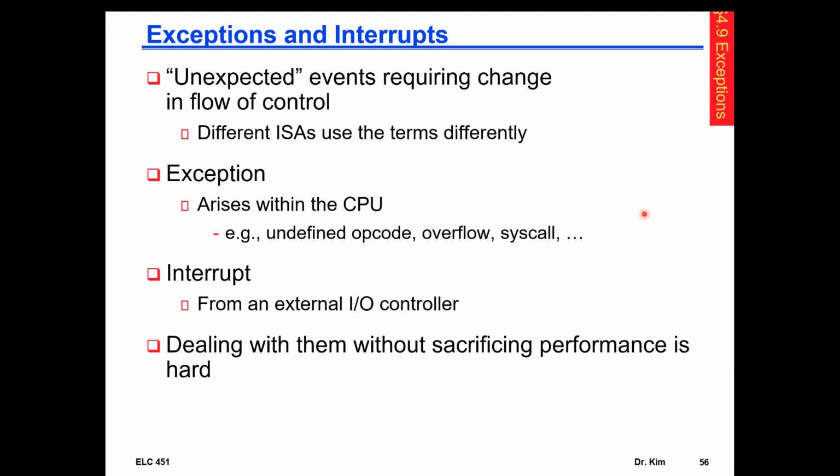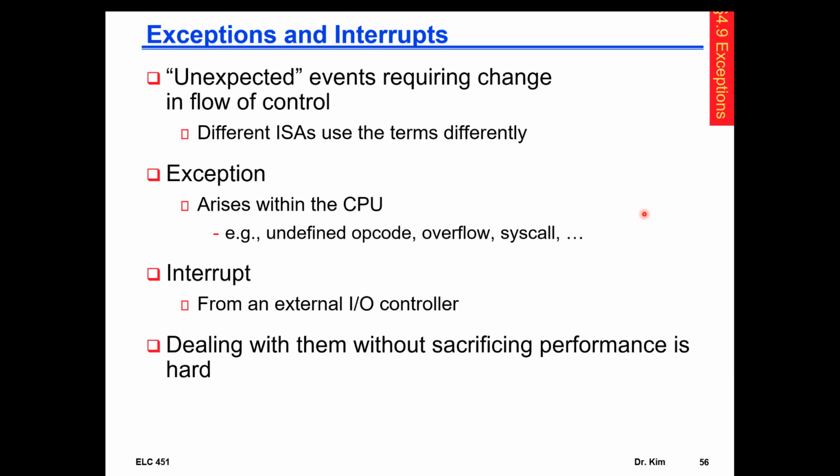We call those exceptions. Interrupts, on the other hand, are generated by entities external to the CPU, such as peripherals. They interrupt the CPU to let it know that this peripheral, this entity external to the processor, requires the attention of the CPU.